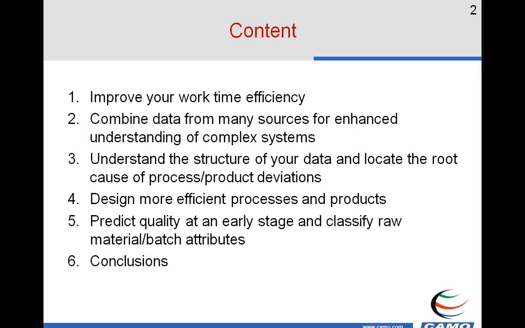Then we will see how we can understand the structure of the data with multivariate analysis and how it helps us to locate the root cause of process product deviations. Then we will see how to design more efficient processes and products. And finally, how we can predict the quality at an early stage so that we can detect soon enough a problem happening in the process.